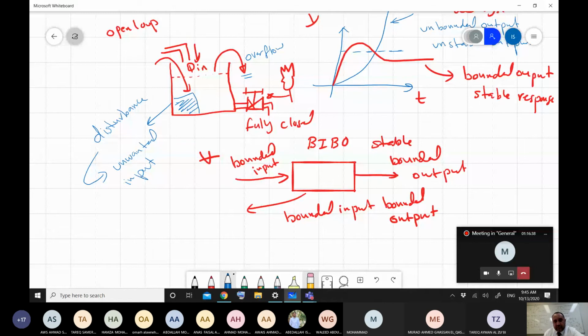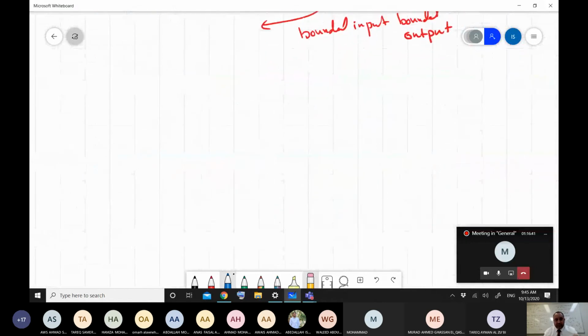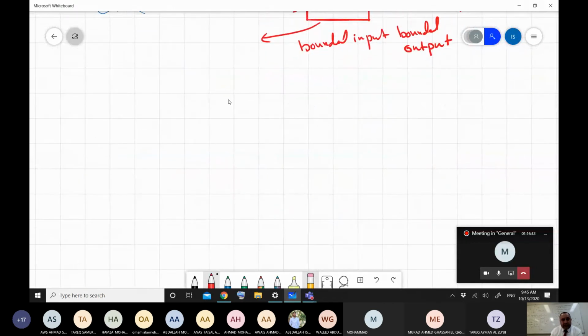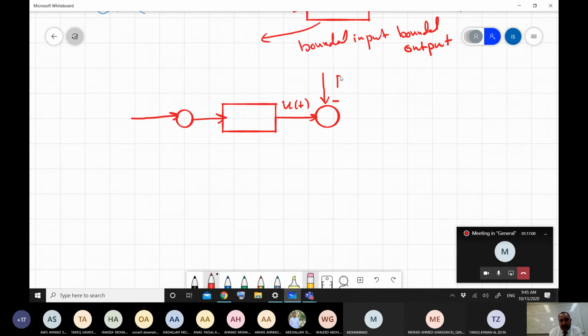So if I need to plot the closed loop control system where there is a disturbance, now this is u of t. Here will come the disturbance, and I will call it d of t.